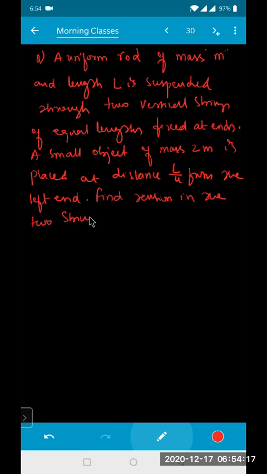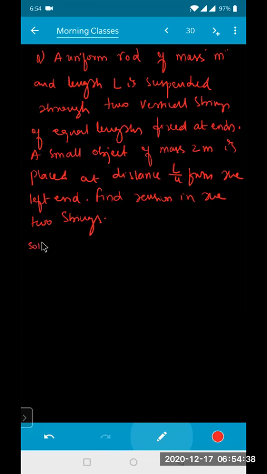First, try to understand the question better. See what exactly I am giving you for the given condition. We have a uniform rod of mass m and length L, suspended through two vertical strings.